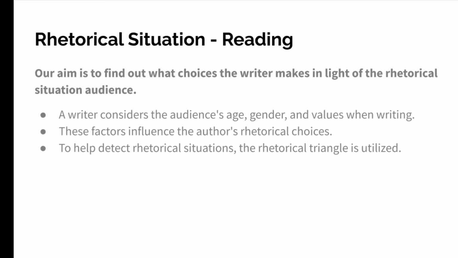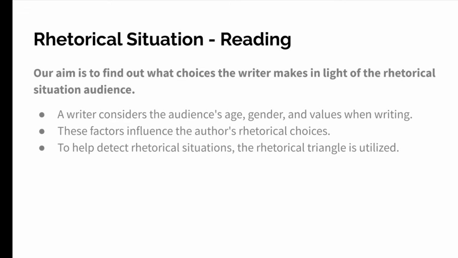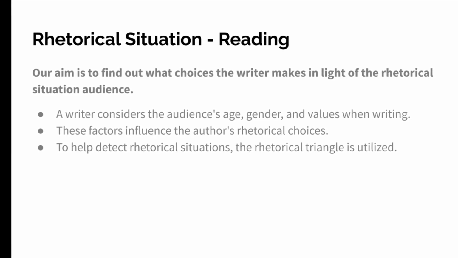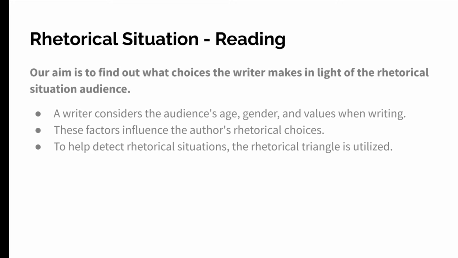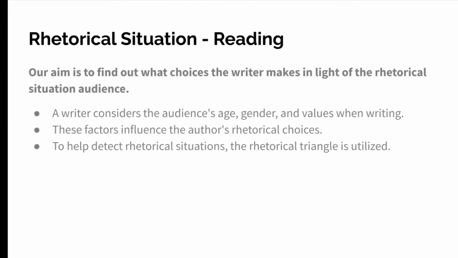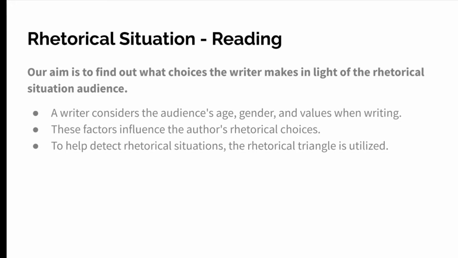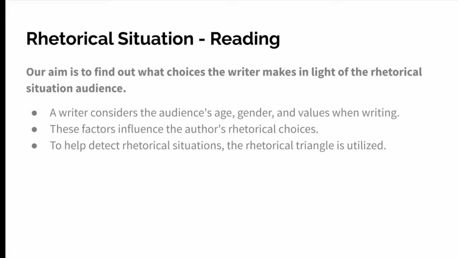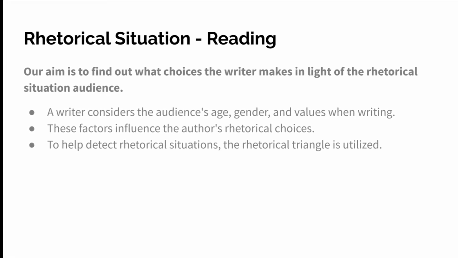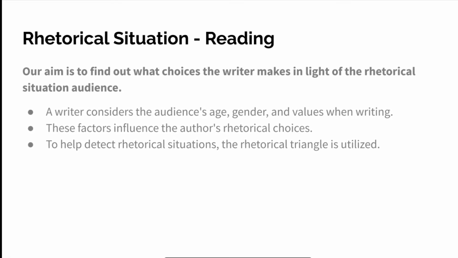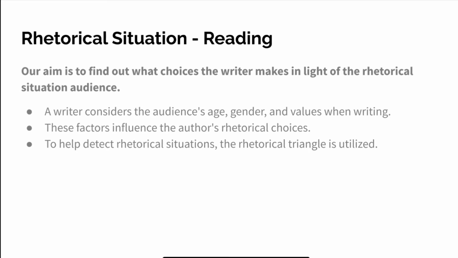So to start off, rhetorical situation and reading. Our aim is to find out what choices the writer makes in light of the rhetorical situation audience. First, a writer considers the audience's age, genders, and values when writing. These factors influence the author's rhetorical choices. And to help detect rhetorical situations, the rhetorical triangle is also utilized.